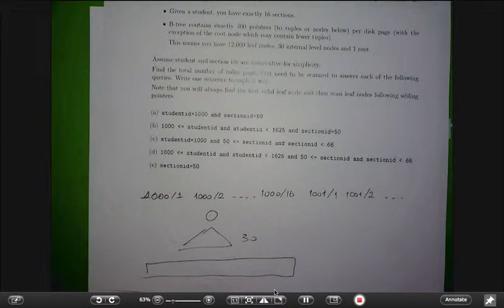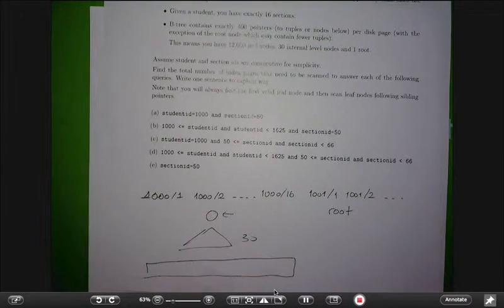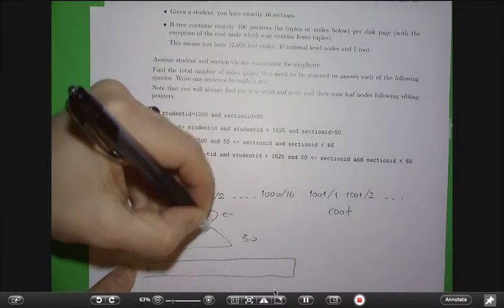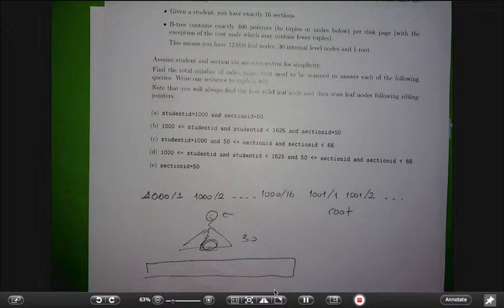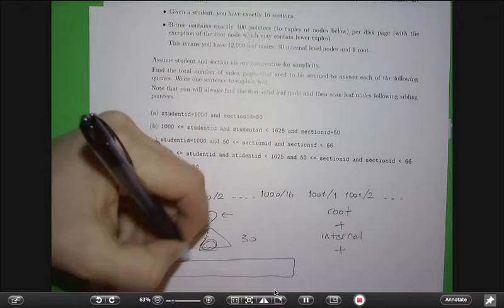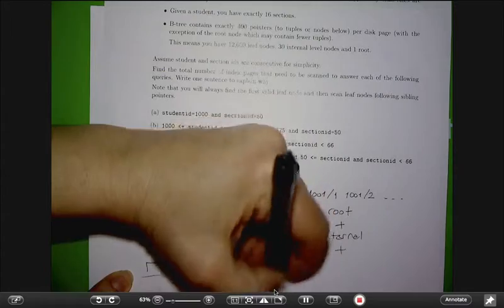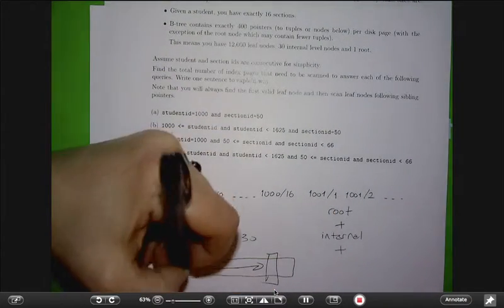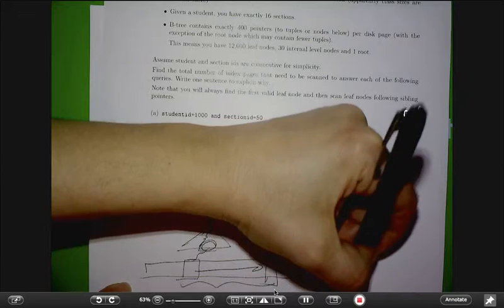Every single search that you make is going to involve first looking at the root node. You will always have a root node search. Then this will lead you to some internal node here. You will always look at one internal node. And then this will lead you to some part of the leaf. And then you're going to scan the leaf to find all the tuples you are searching for, so some number of leaf nodes.